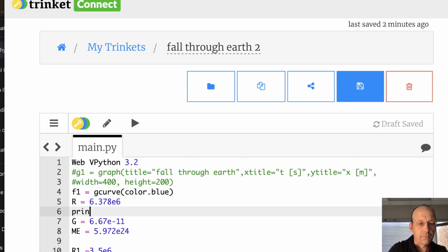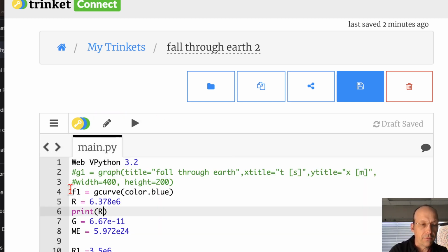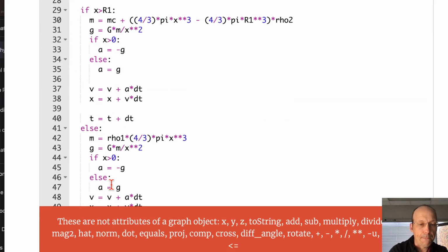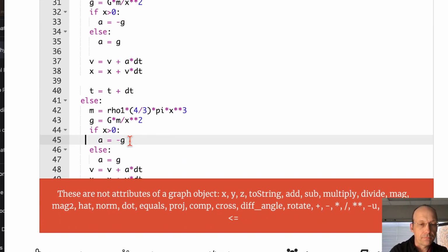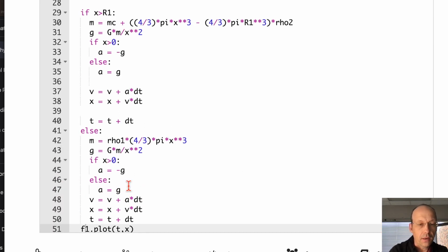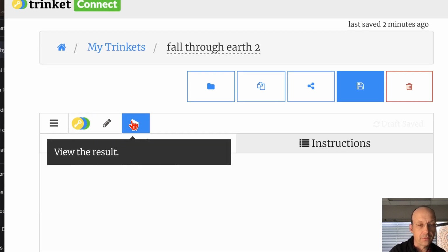Print R. Didn't get there. Okay, let's get rid of this. What the heck? We'll get rid of that. Okay. Let's get rid of the plot. And let's just see if it runs.